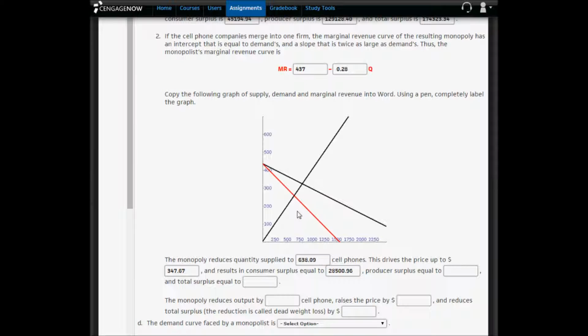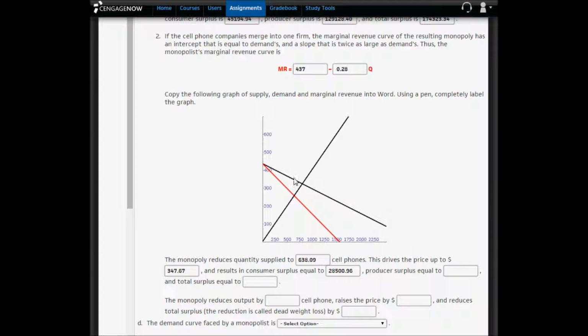Producer surplus is a trapezoid. A trapezoid that follows along the supply curve from its intercept up to the intersection of marginal revenue and marginal cost, then straight up to the demand curve, and then straight over to the price the monopolist charges. So a trapezoid, if you can imagine it, has two parallel sides. We'll call this base 1, and we'll call this base 2.